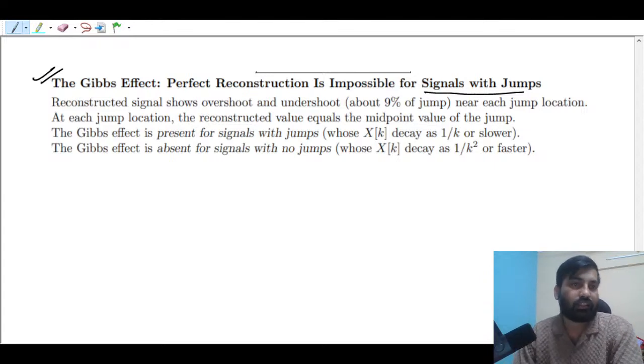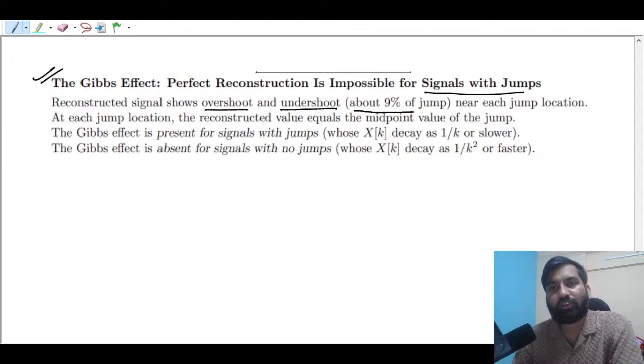And the reconstructed signal shows overshoot and undershoot, about 9% of the jump near each jump location. Please remember the Gibbs effect is present for a signal with a jump, right?